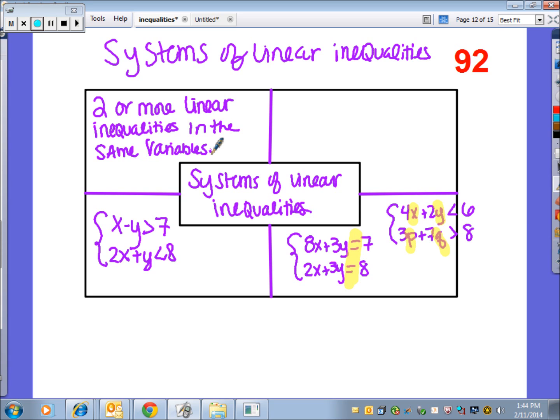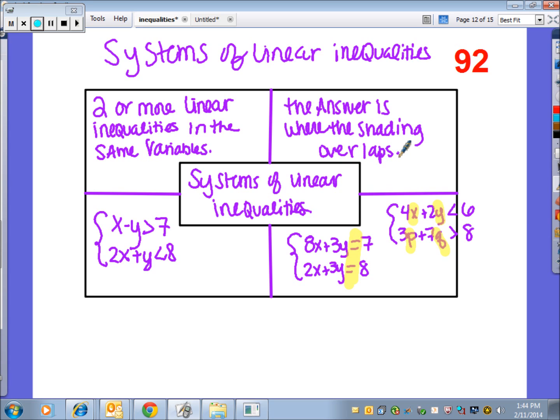Facts or characteristics? The answer is where the shading overlaps.